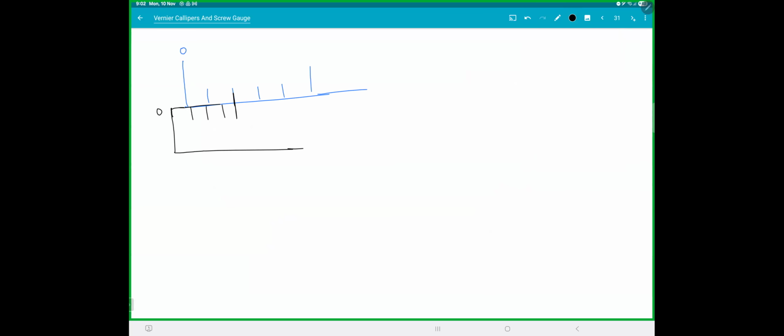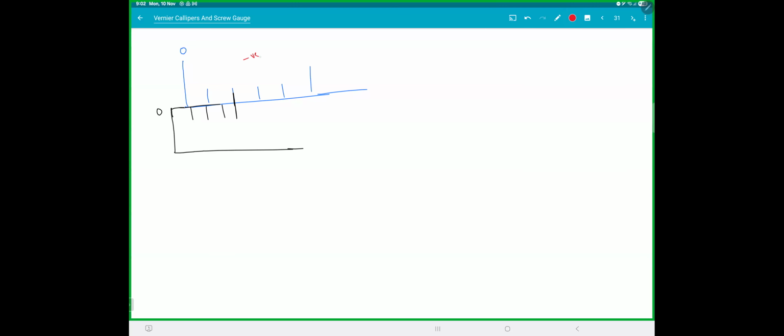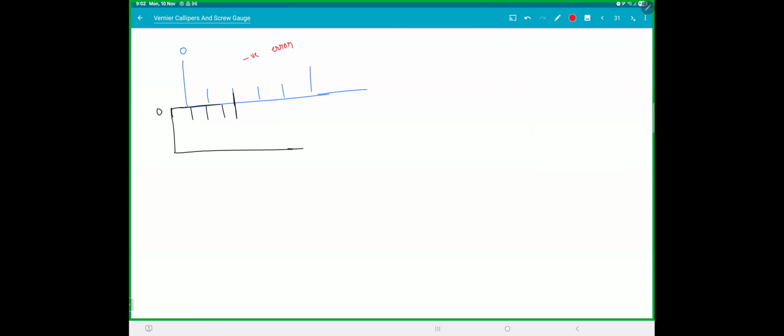What is the error? How much is the correction? This is a negative error, right? Positive error is when 0 is ahead, it is showing you more. Negative error, it is showing less, isn't it?